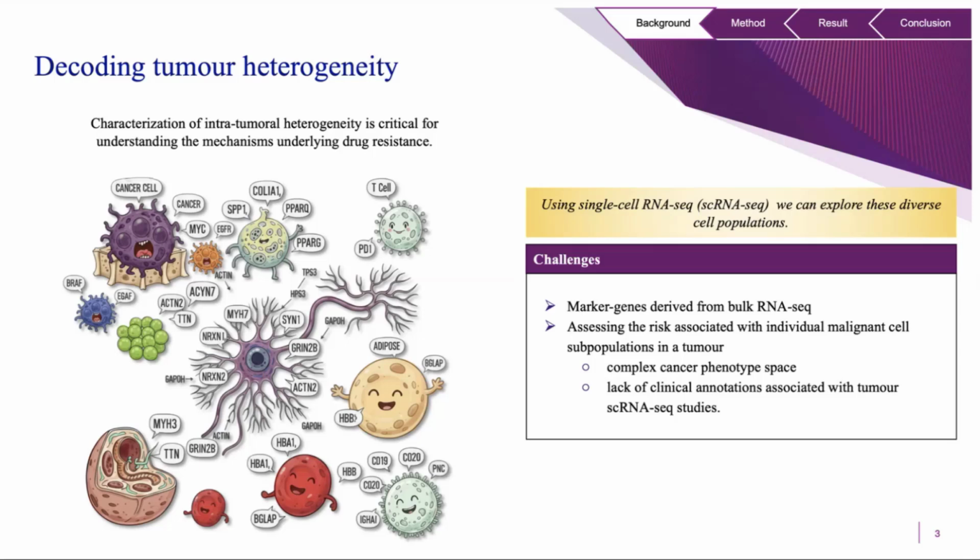However, there are a couple of challenges with single cell RNA-seq. Most single cell RNA-seq was introduced last decade, not even 10 years ago, so most of the single cell studies are still based on bulk RNA-seq, which was discovered way long back. The second problem is that it uses the marker genes from those bulk studies to characterize the heterogeneity.